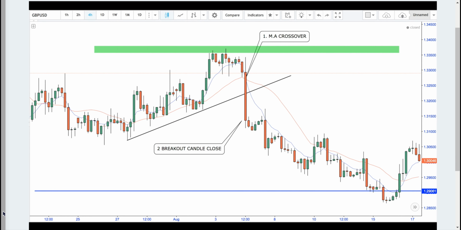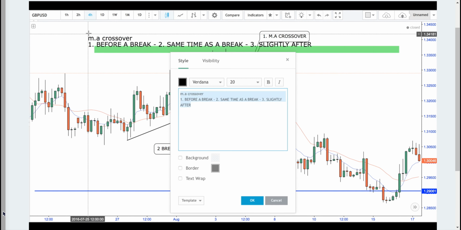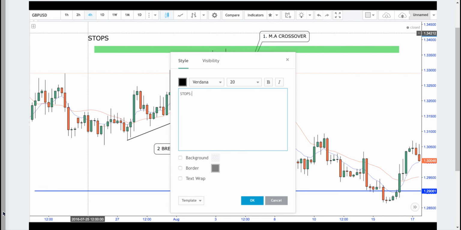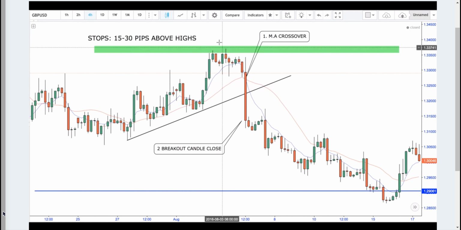The stop loss is always going to go above highs in this case. Once more you can measure, so 1.3371, we can go 1.3391 for the stop loss, and then we can take it down to our key level of support, whether it be daily, weekly or monthly.